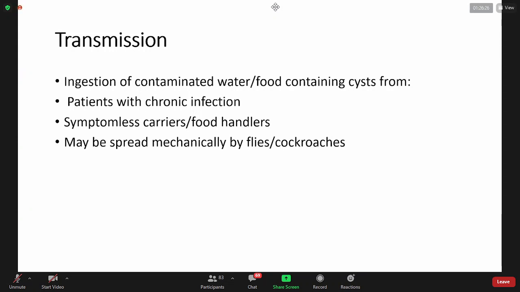But they can also come from individuals who do not show symptoms, and we usually refer to these as carriers, especially those who are involved in the business of serving food.